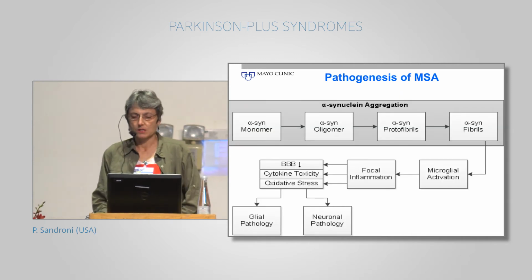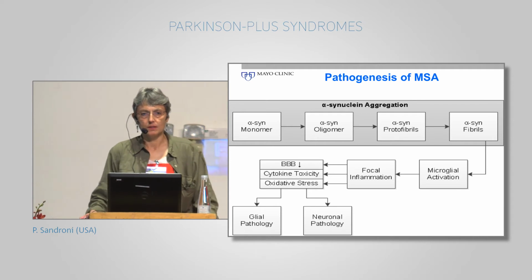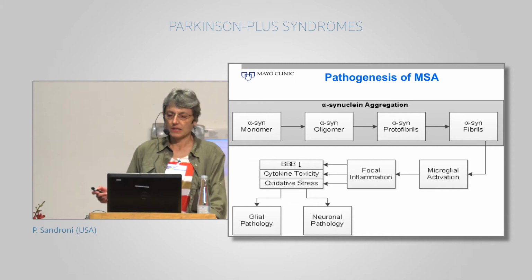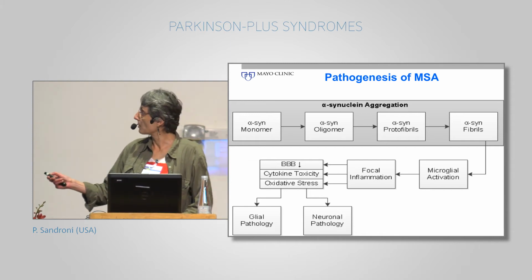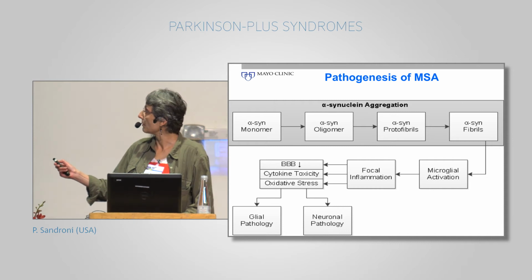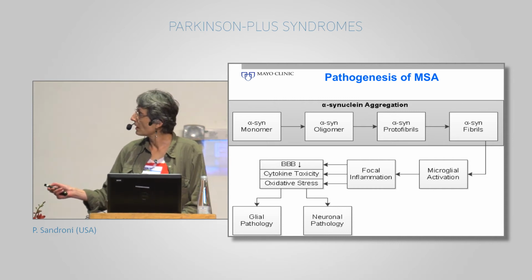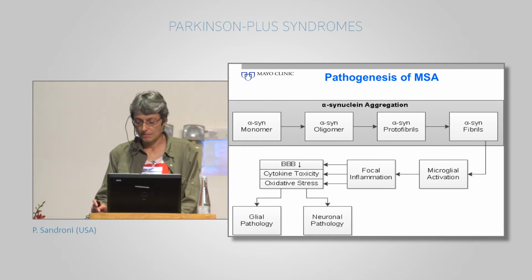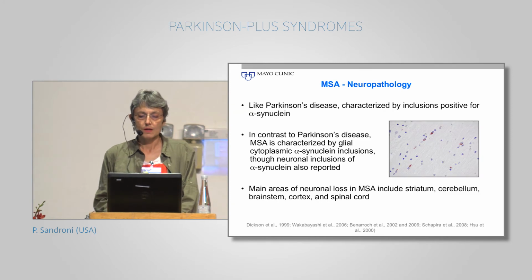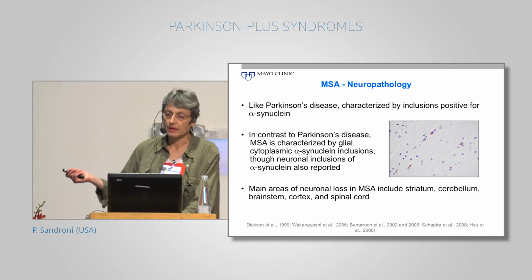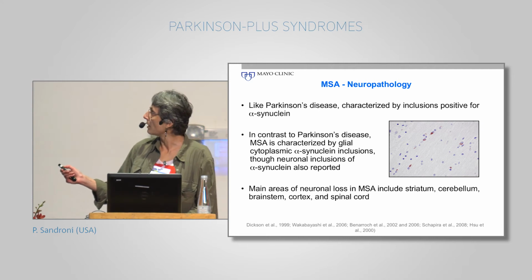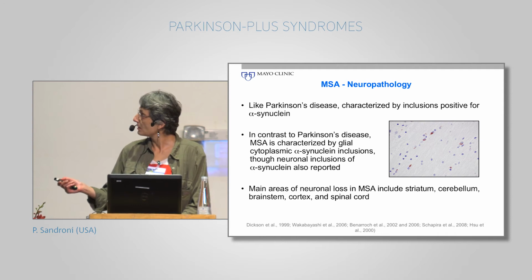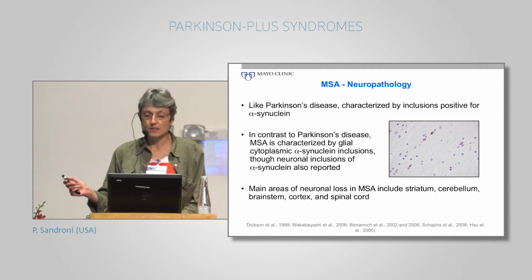So what's the pathogenesis of MSA? I'm sure you've heard a lot in this meeting so far about synuclein. At the end of the day, we have this monomer that becomes an oligomer, then protofibrils, then fibrils, microglial activation, inflammation, toxicity, oxidative stress, cytokines, glial and neuronal pathology. The characteristic hallmark of MSA is the inclusion in both the glial cells as well as in the neurons.